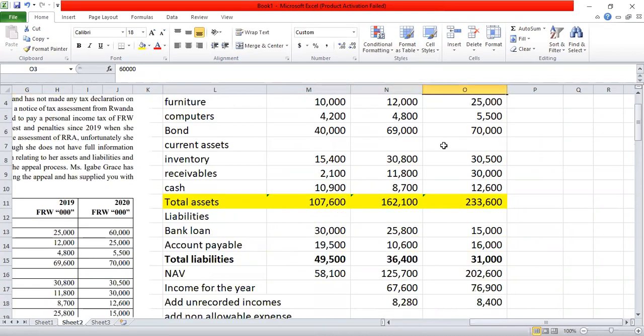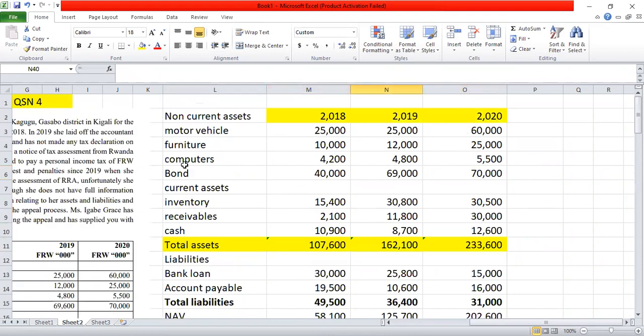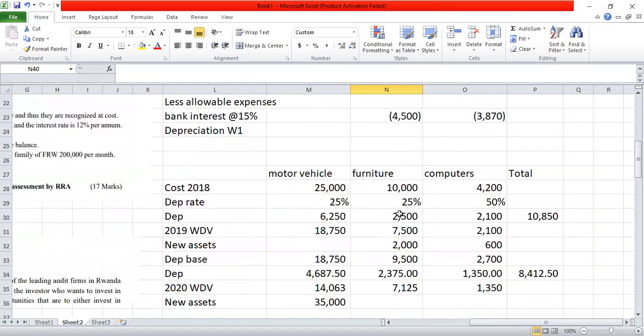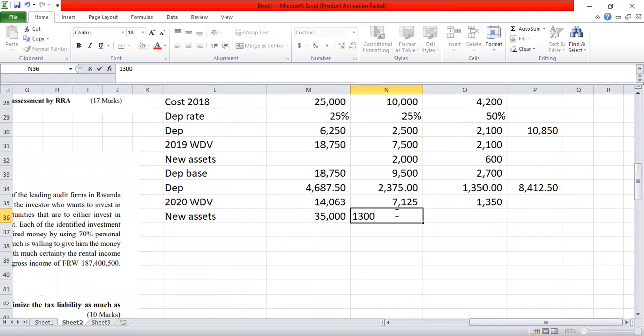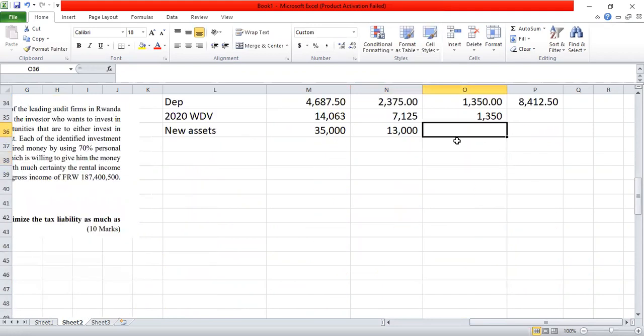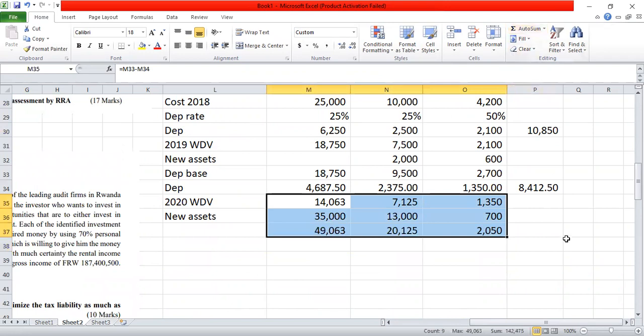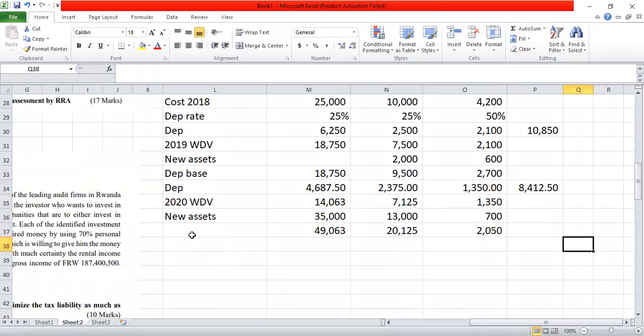It means we purchased 35. If you come here, furniture, we had 12, now 25. So we purchased 13. If you come to computers, we had 48, now 55. So we purchased 700. So our base is now going to be this. This is our base.